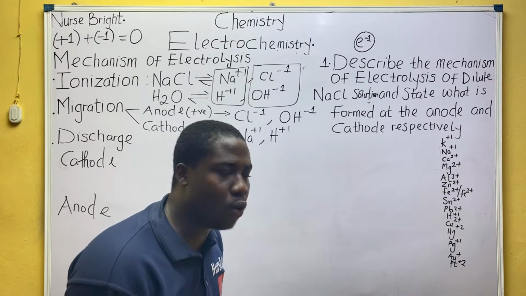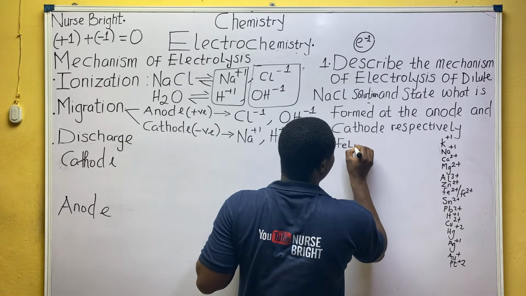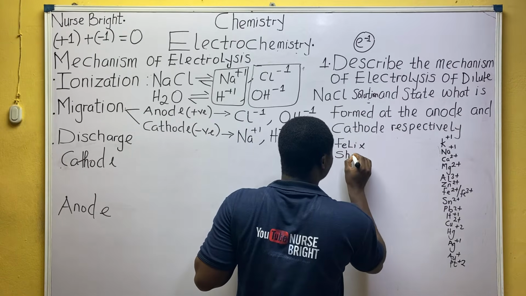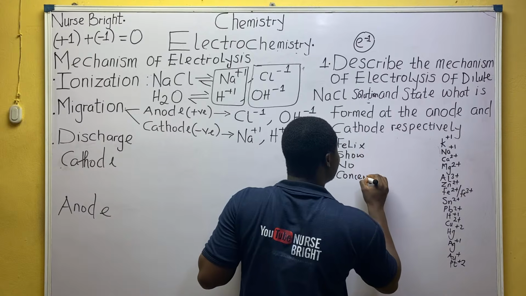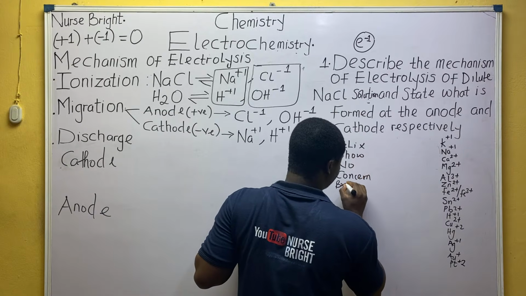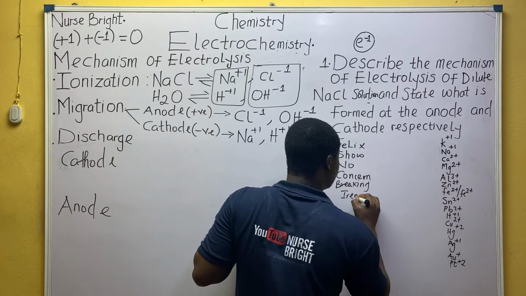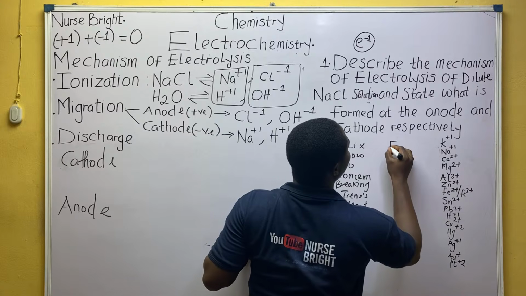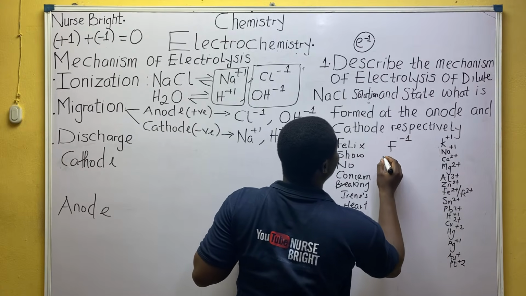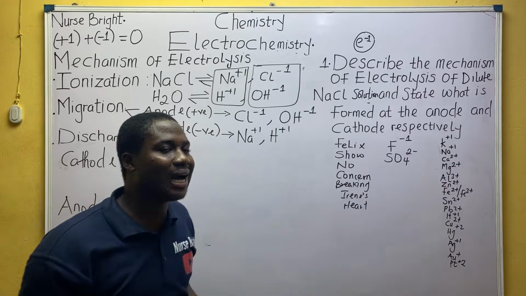Class, listen. There's an acronym which is FLESH-NO-CBAH. So what are the guys? F is fluoride ion, F-. SO is SO4 2-, that sulfate radical.